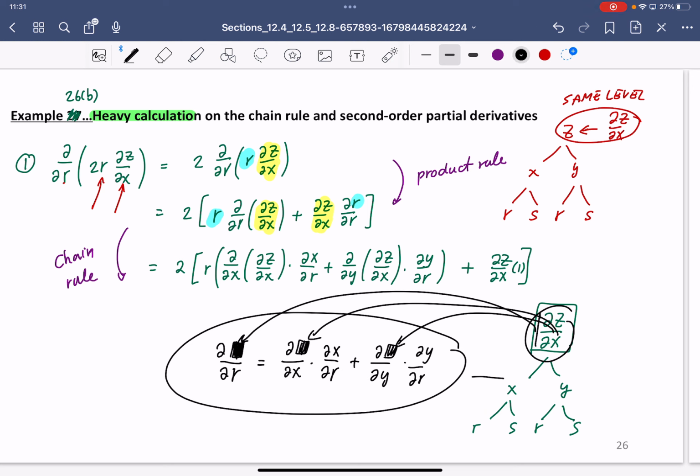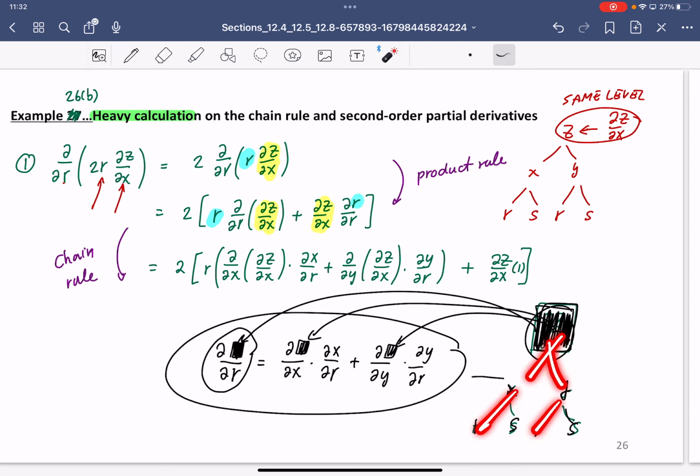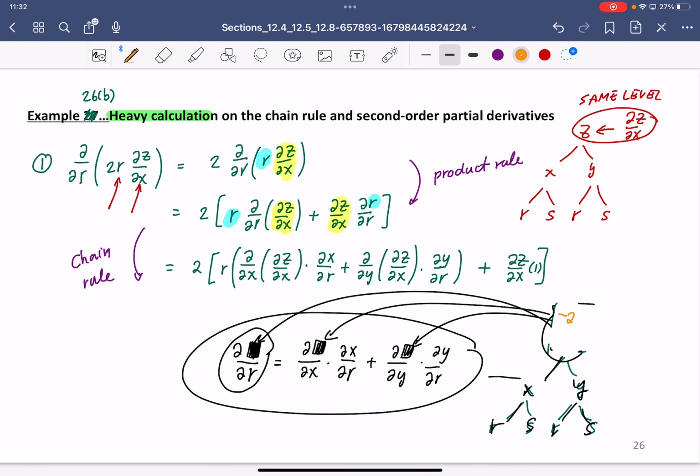If I say that the term in the box, the black one on the top level, is a function of X and Y, R and S, it means if you want to differentiate with respect to R, you can go by X and you can go by Y. So differentiate with respect to X and then with respect to Y. But this time you put the thing in the box to be ∂C/∂X.